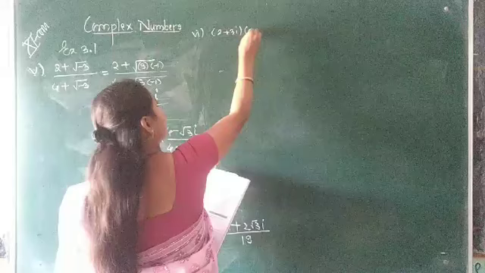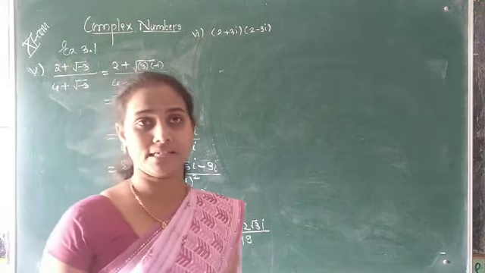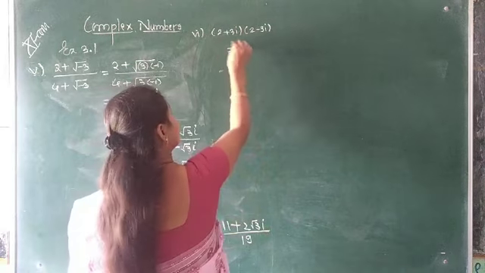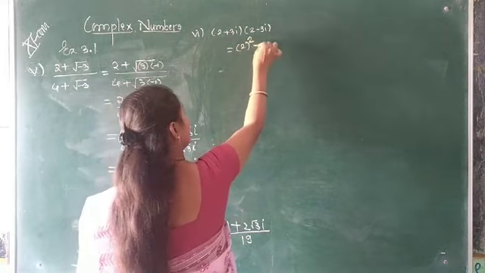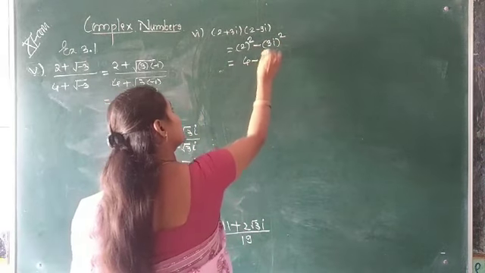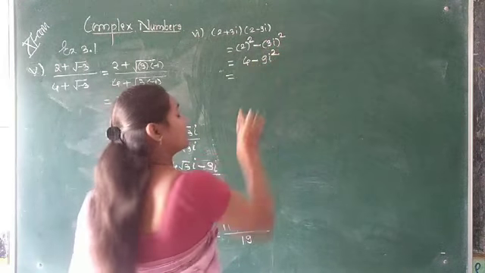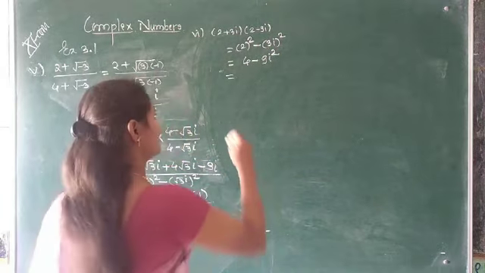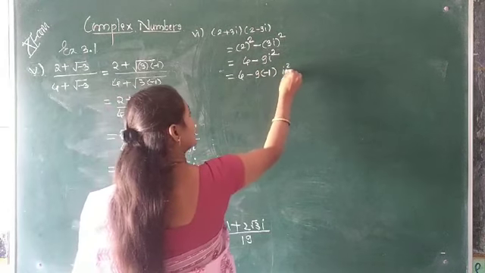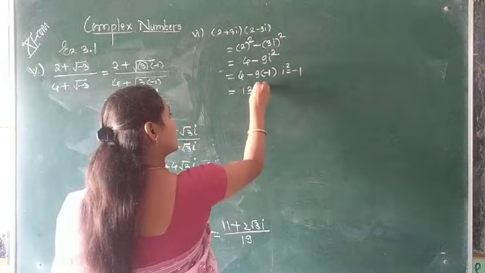2 plus 3i into 2 minus 3i, that is a plus b into a minus b, which is the same as a squared minus b squared, equal to 2 squared minus 3 squared i squared. 2 squared is 4 minus 3 squared is 9 into i squared. Bracket squared means the square of both the terms. 4 minus 9 into i squared, since i squared is equal to minus 1, 4 minus minus plus 9, which is purely real.